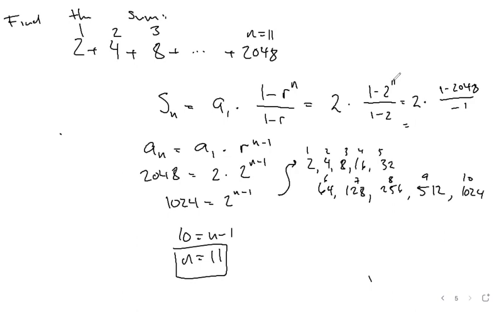So that's 2047 times 2, which is 4094. That should be the answer. So this sum, at the end of it, you get 4094.